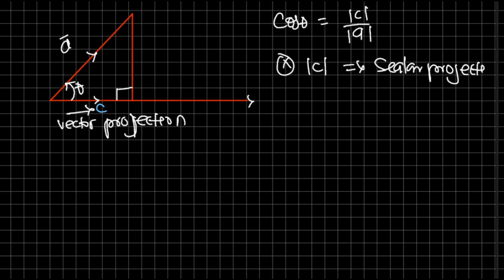Now in the diagram, vector C is the vector projection. Okay, vector C is now a vector projection. So let C equal the vector projection.